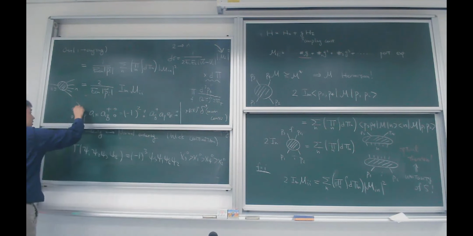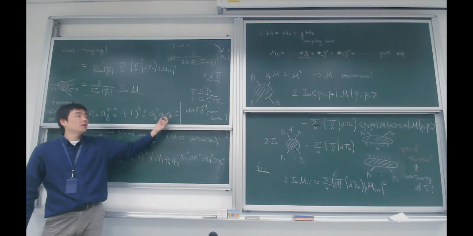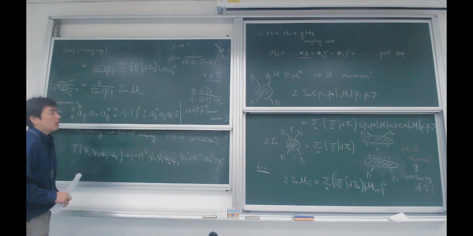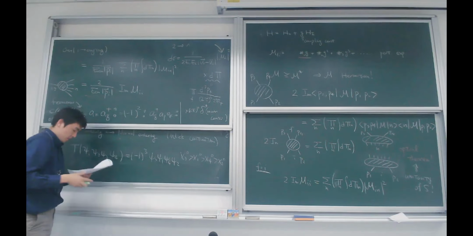This is the fermionic creation and annihilation operator, not the scalar one, so you have to impose the anti-commutation relation. Each time you swap an operator, you get a minus sign. If you want to swap p and k, you get another minus sign. That's what's written in the lecture notes.